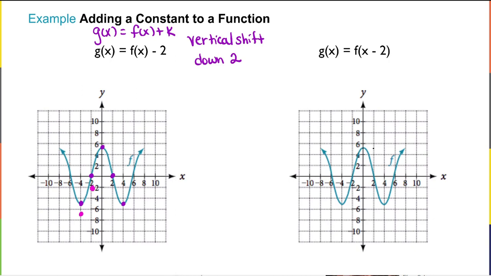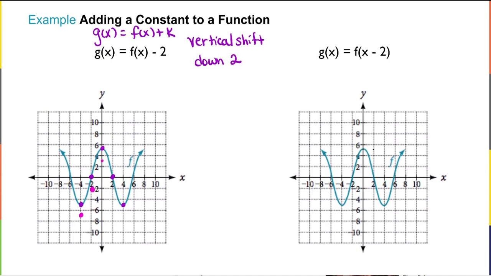I'm going to go down 2. Oops, that one was kind of at a half, so down 2 would be there. And then this one would go down to here. And then this one would go down to here. So if we're drawing our new graph, it looks something like that. So the whole graph shifted down 2.